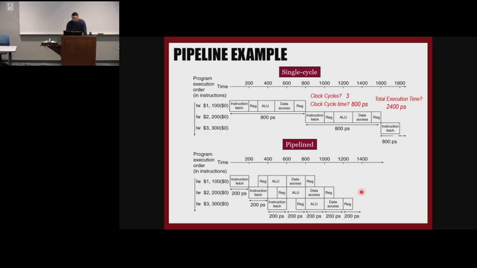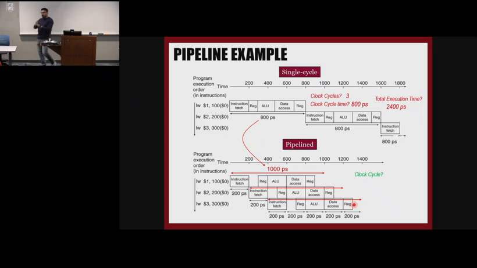Okay? So how many clock cycles do I have here? We have 7 clock cycles. 1, 2, 3, 4, 5, 6, 7. Every stage happens in 1 clock cycle. The moment that you add the registers, they need to be clocked.